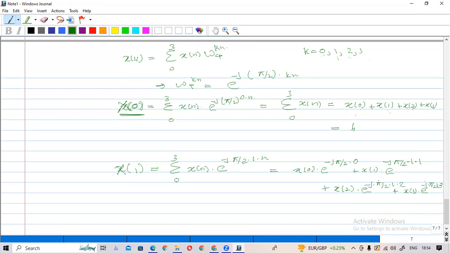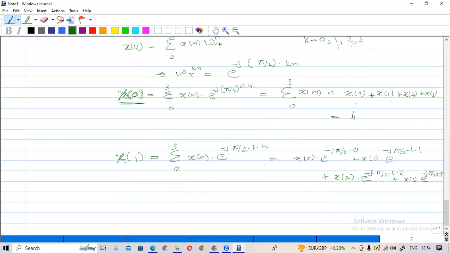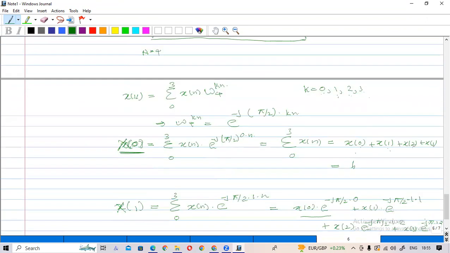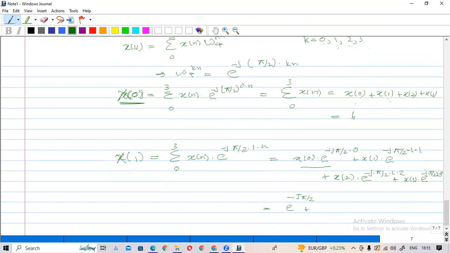You can write it like this. Now you have to find X1, so you have to simplify this. x0 is 0, so this will be 0. x1 is 1, so you will have e to the power minus j pi by 2, plus x2, which is 2.